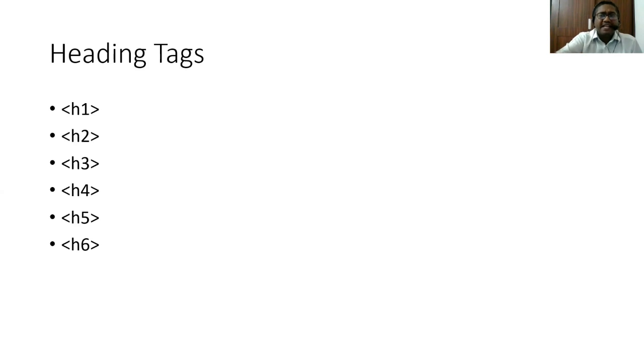H3, one after the other, gets smaller, and H6 is the least in size, very small. Whenever there is a starting tag, there must be an ending tag. The starting tag is given as H1, and the ending tag is given as slash H1.